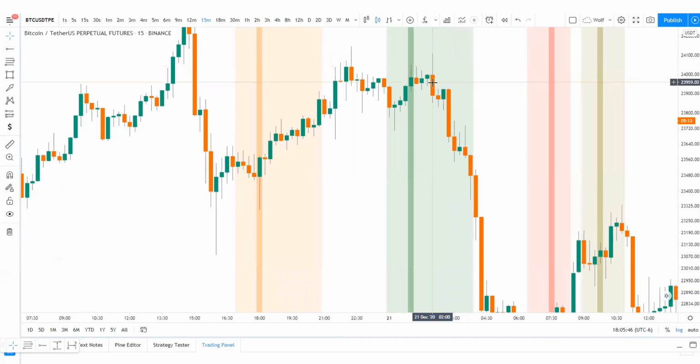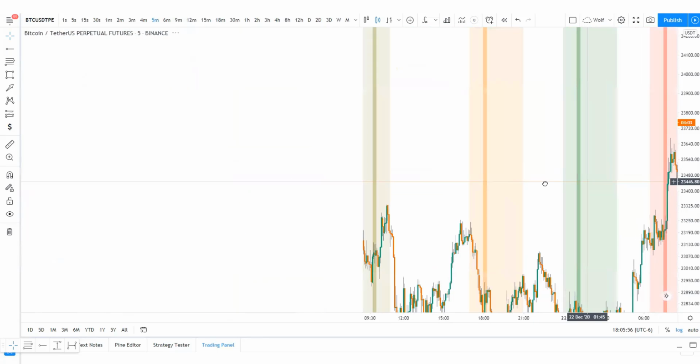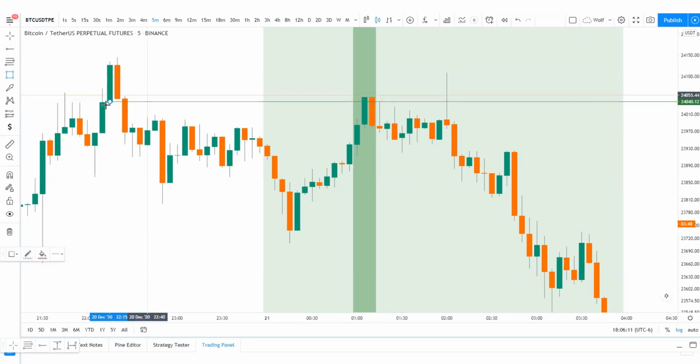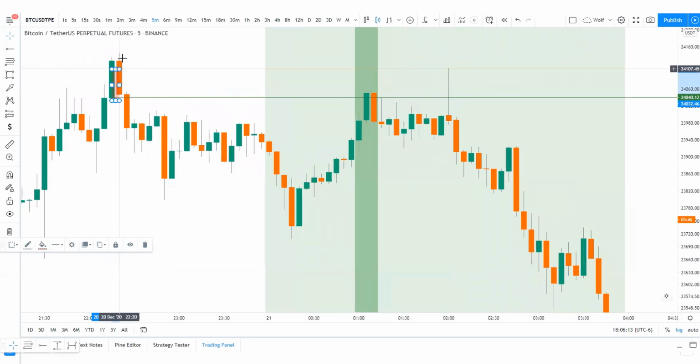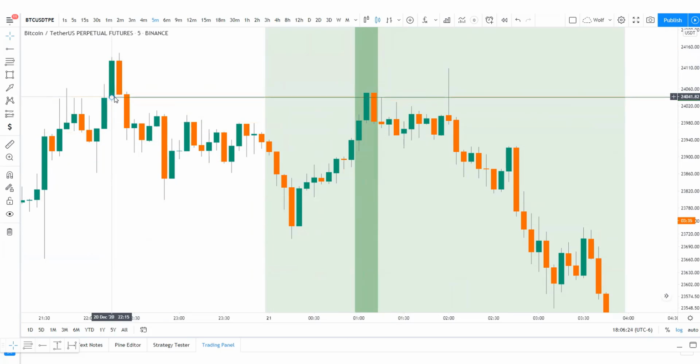And secondly, the timing lined up perfectly for this to be the turn. And let's see if I go on 5 minute, if I can get a little more detailed. Right. So you've got this little 5 minute, I guess you can call it an order block. I don't know if it qualifies or not, but anyway, this was what I was interested in.